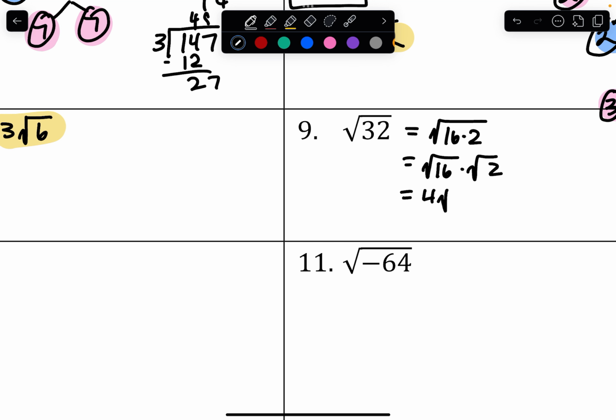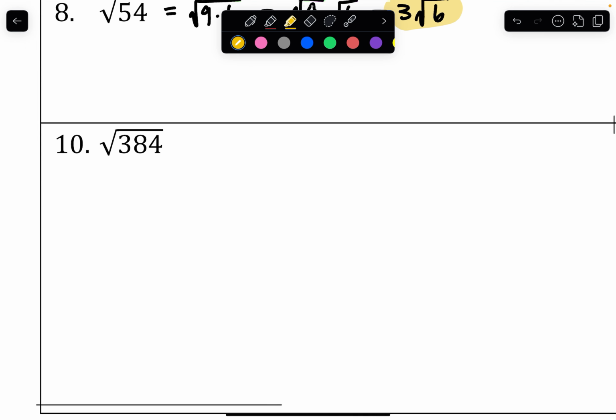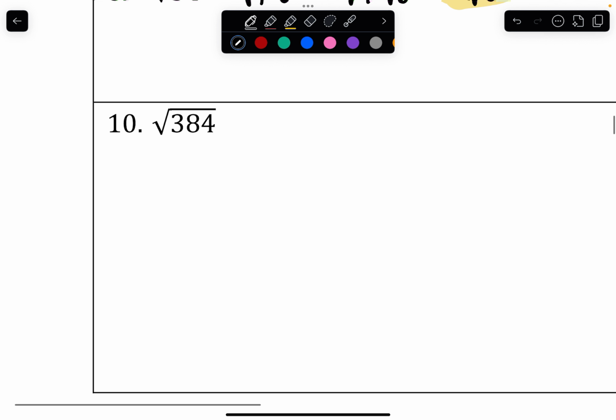And so 4 square roots of 2. Okay, 384, I think I'm going to need the factor tree.